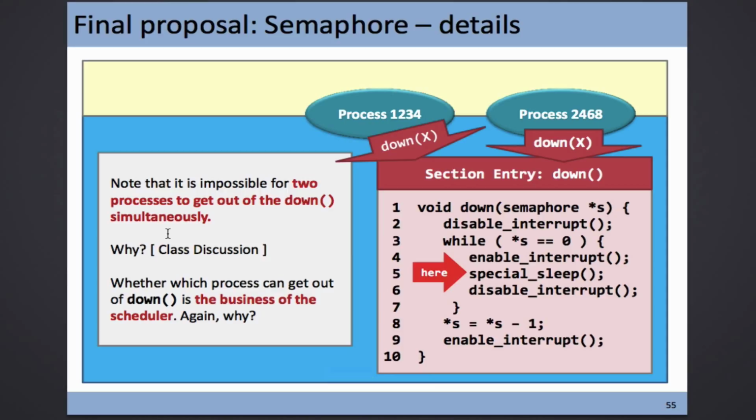Later on, this guy, because you love to sleep on the floor, you wake up later, then you'll find that after the sleep returns, it calls disable interrupt and finds that S is 0 again. Sleep again.